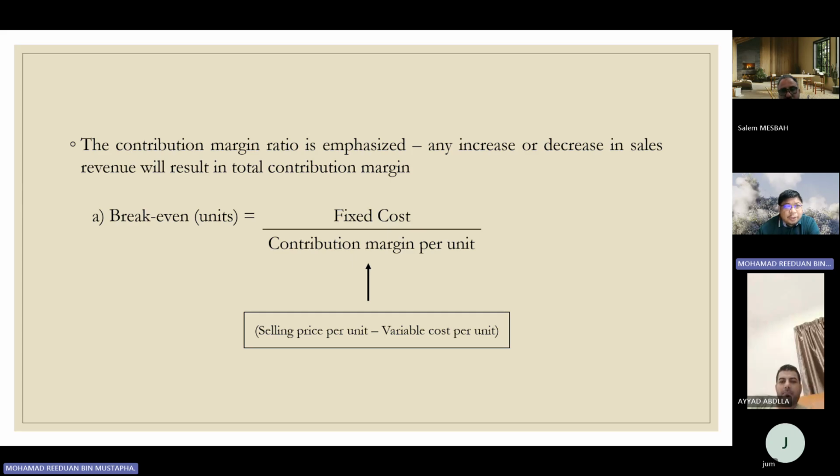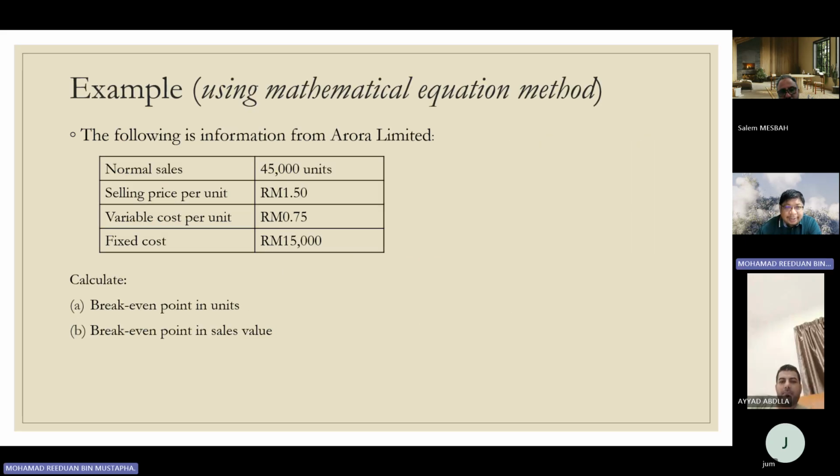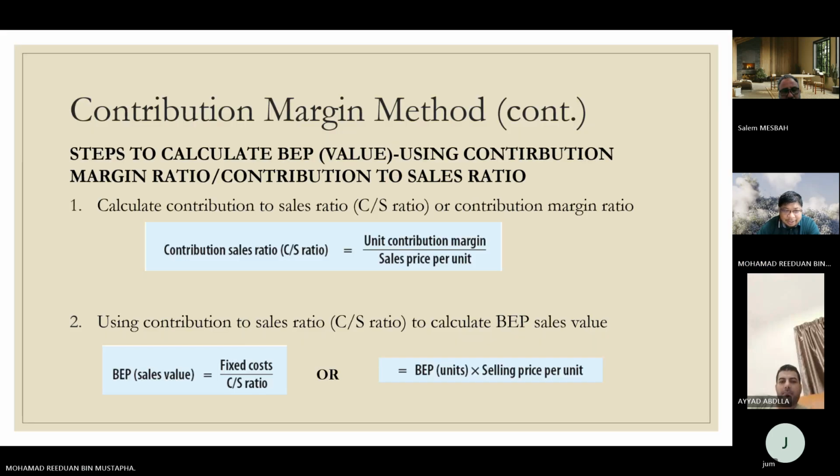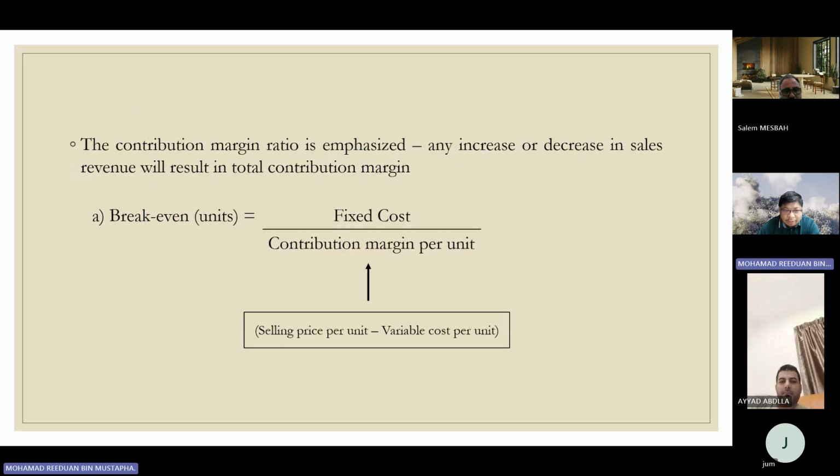I did not give you the formula first. Now we go back to the mathematical equation method. This is the contribution margin method, and the same goes for this formula.